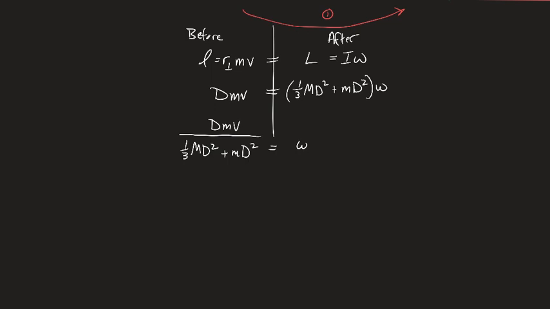Do you guys see that? Could factor it out from the denominator and get that omega equals mv in the numerator and 1/3 md plus md in the denominator.